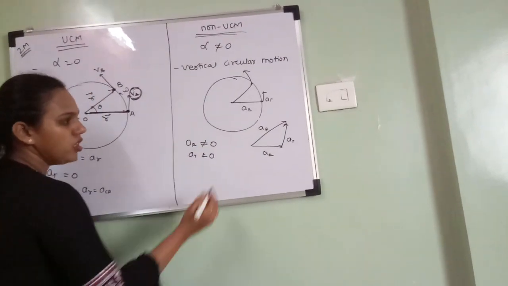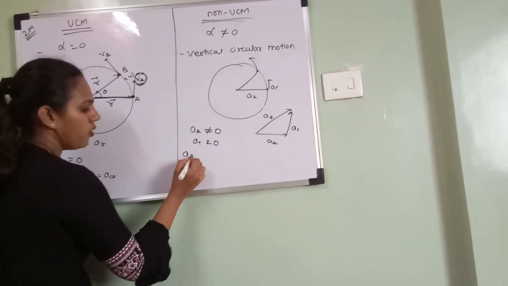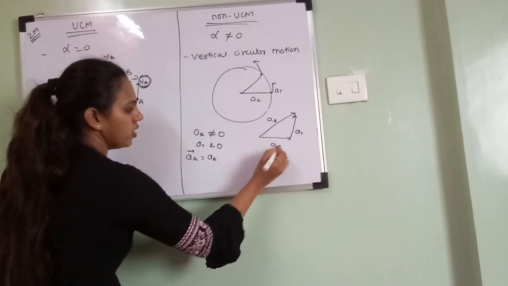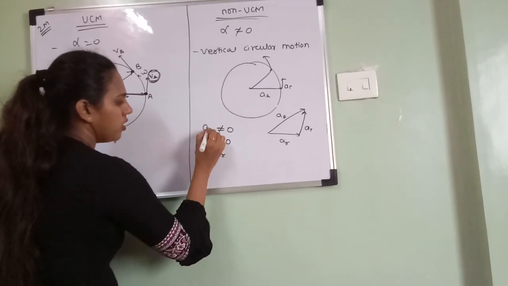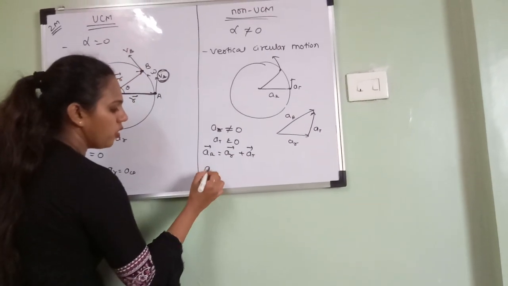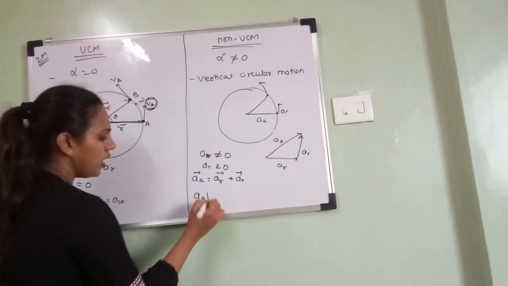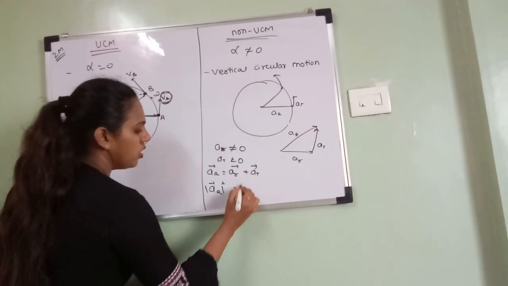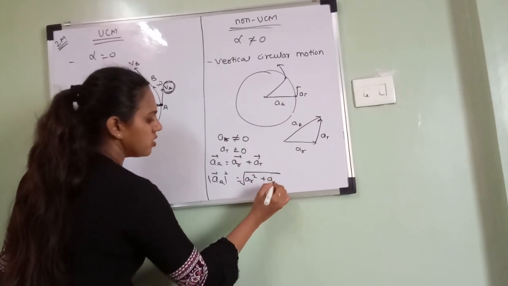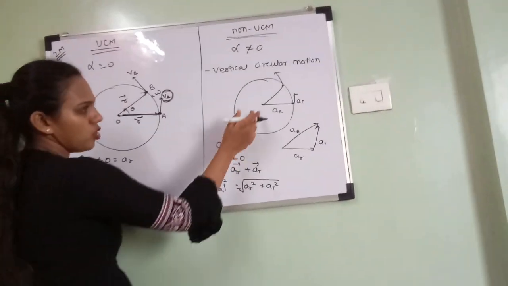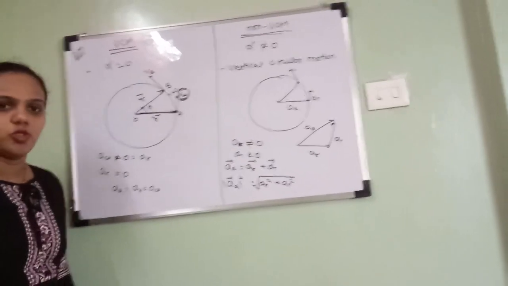By triangle law, you can calculate. In vector form, it is small r bar plus AT bar, and the magnitude of it you can write as the magnitude of A is equal to under root of AR square plus AT square. This is the resultant acceleration in case of non-uniform circular motion.